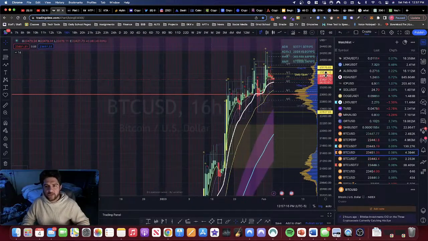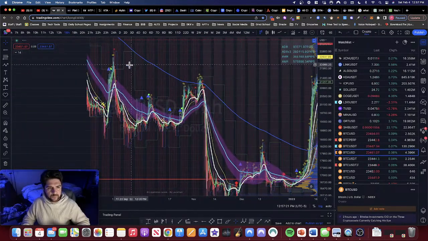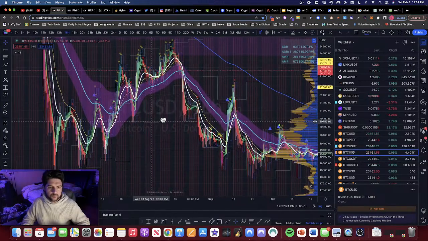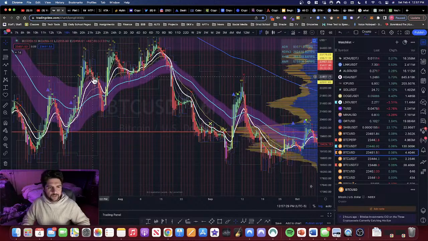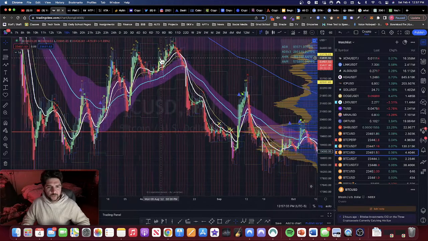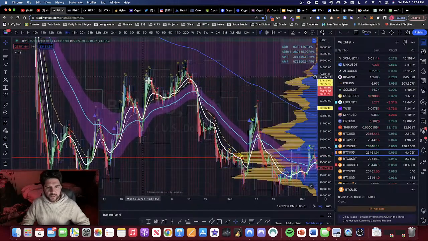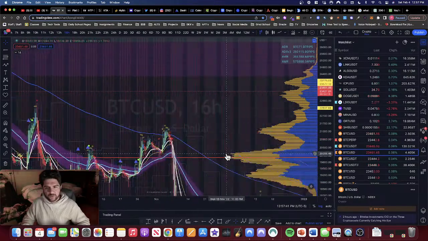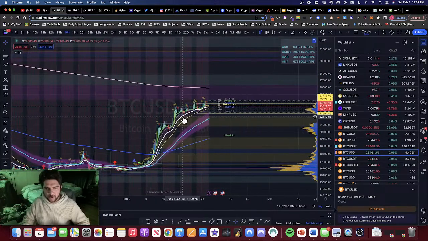If you go back and look at your 16 hour, you get these run ups, and the 16 hour kind of continues the trend. The trend was down at the time, and then you can get these huge spikes up, and then the trend just continues. So things are looking bearish at the moment.